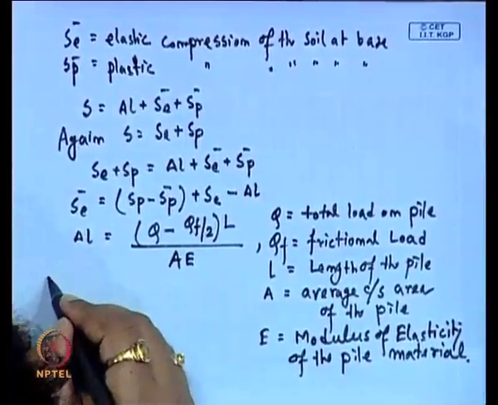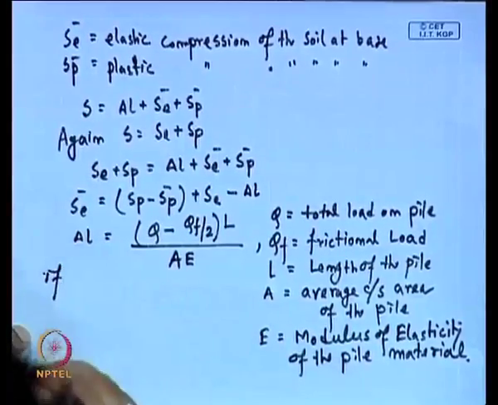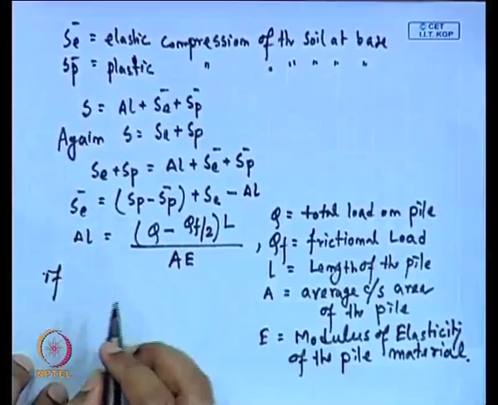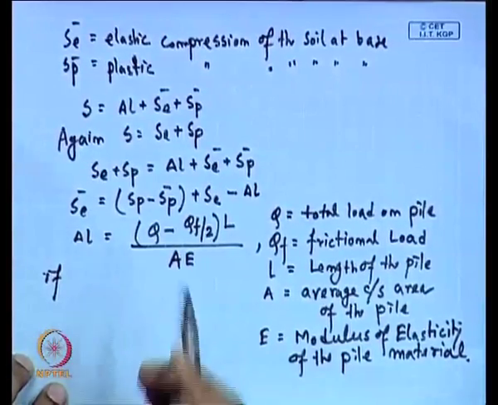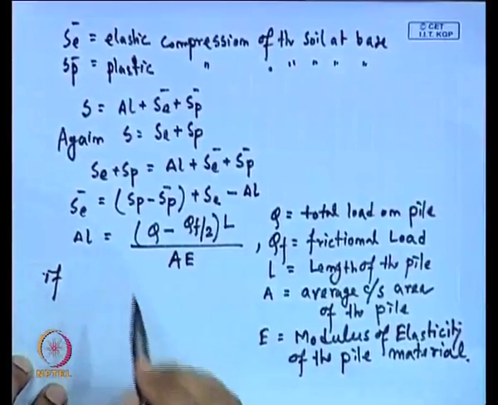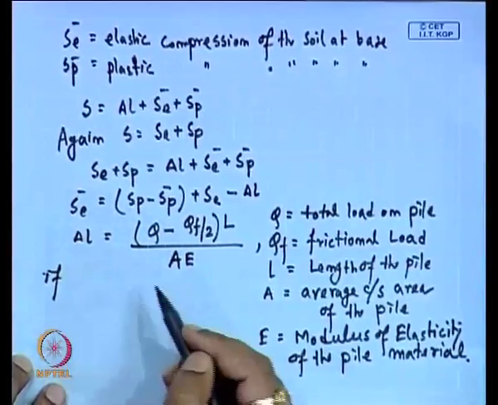Now, if we consider that the plastic settlement of the pile material is negligible, because the total plastic settlement is the summation of the plastic settlement of the pile material and the plastic settlement of the base soil, here we assume the plastic settlement of the pile material is negligible. We take all the settlement of the pile material as elastic, because the pile material is very stiff compared to the soil.